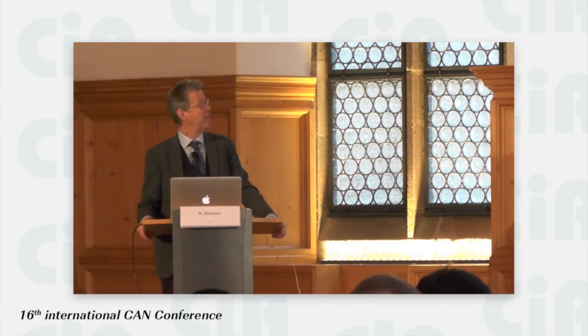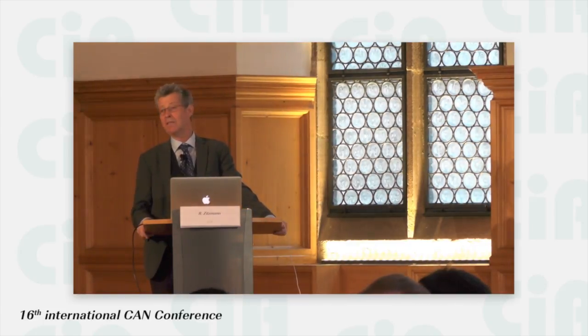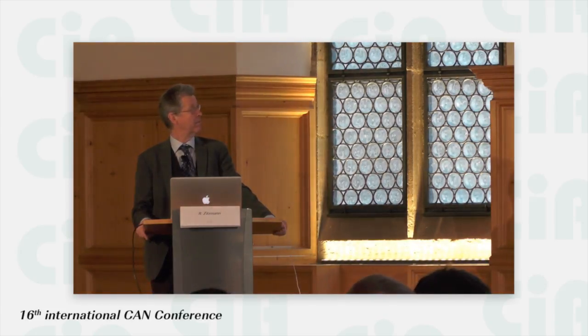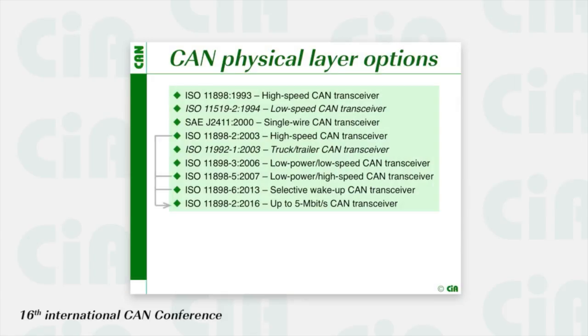In the meantime, the physical layer has been further developed with some variants, and already in 1993 we had standardized the high-speed CAN transceiver, which we already used in 1992, and then the low-speed transceiver was specified in ISO 11519-2, but I think this was never used, not implemented.